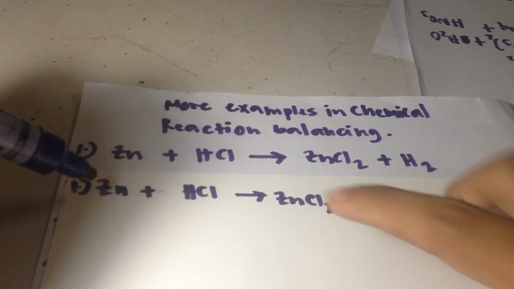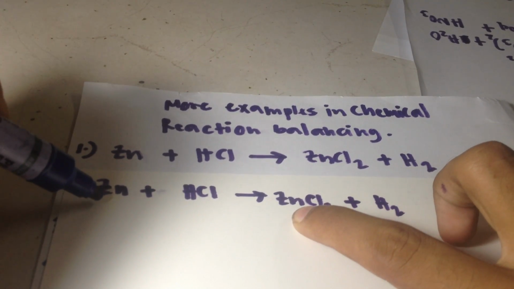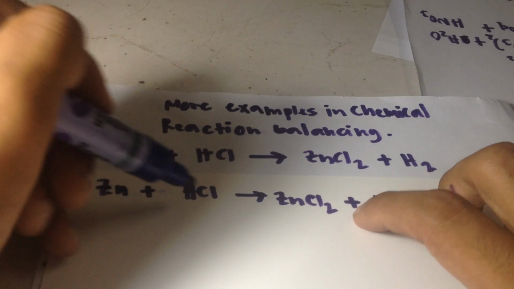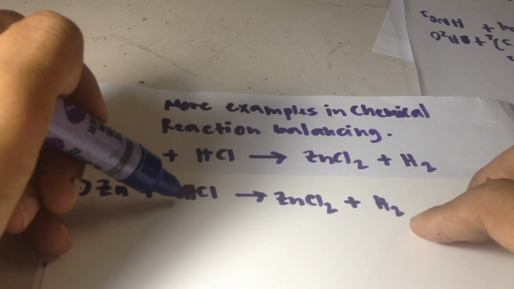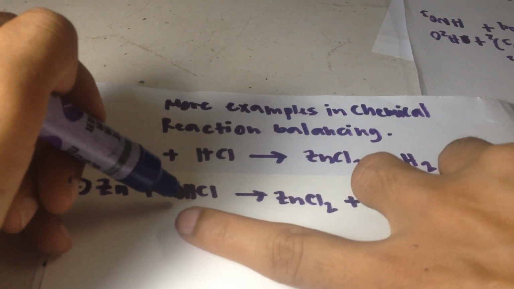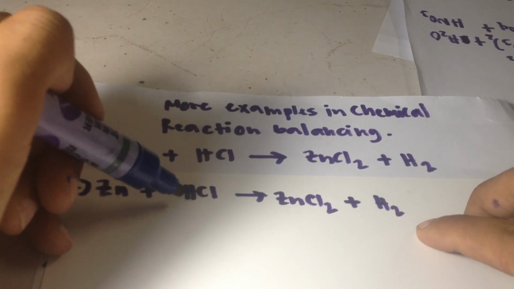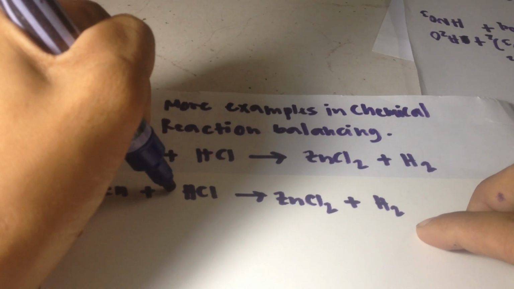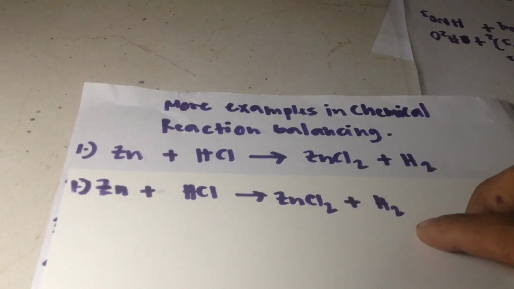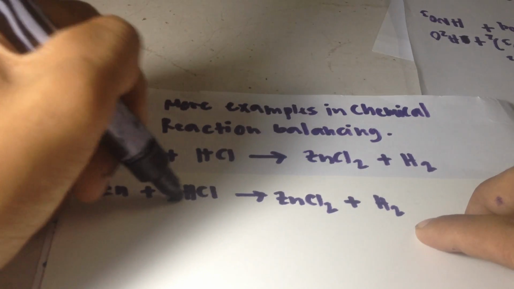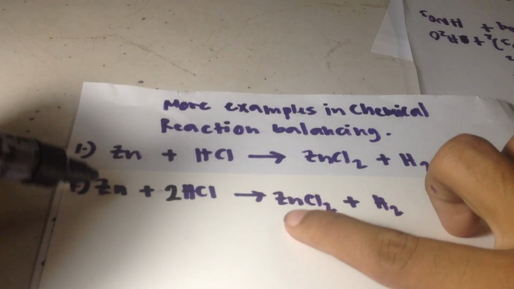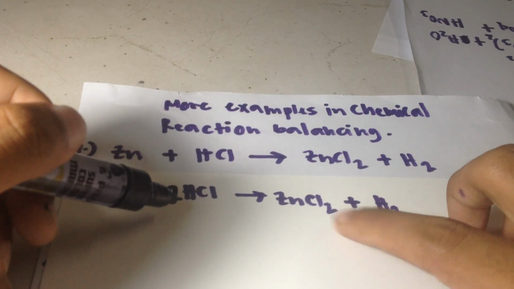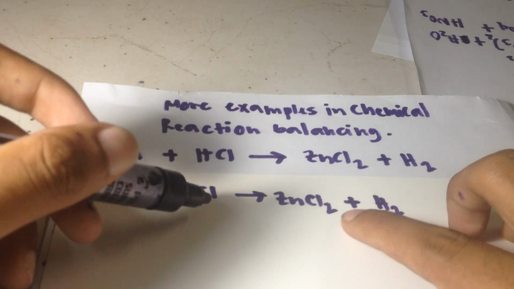First of all, zinc has a 1 subscript, and chlorine has a 1 subscript and a 2 subscript, and hydrogen has a 1 subscript here and a 2 subscript here. So you need to put a 2 here. It's 2. Okay, so it is balanced now. Zinc has 1, hydrogen has 2, and chlorine has 2.